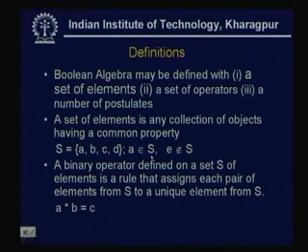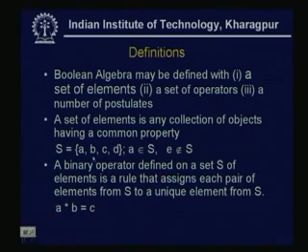So A belongs to S, and E is not belonging to S, because E is not in the set S. Next, a set of operators. A binary operator defined on a set S of elements is a rule that assigns each pair of elements from S to a unique element from S.